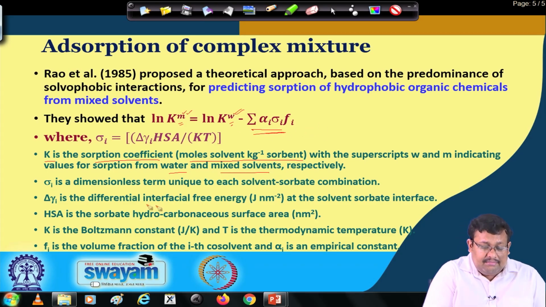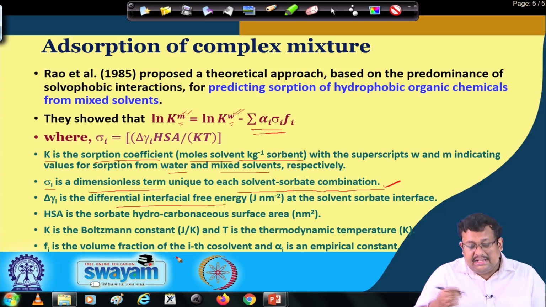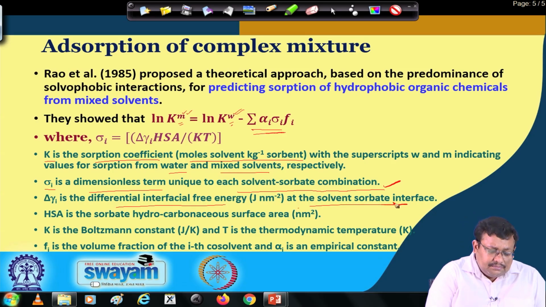In this term, sigma_i is a dimensionless term unique to each solvent-sorbate combination, so it is very specific. Delta gamma_i is the differential interfacial free energy at the solvent-sorbate interface.